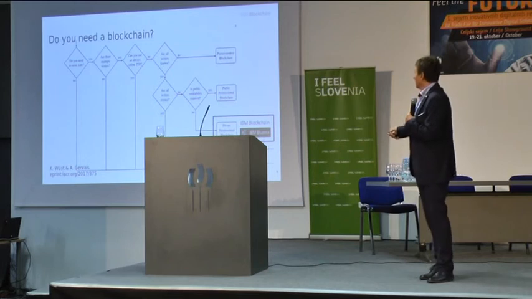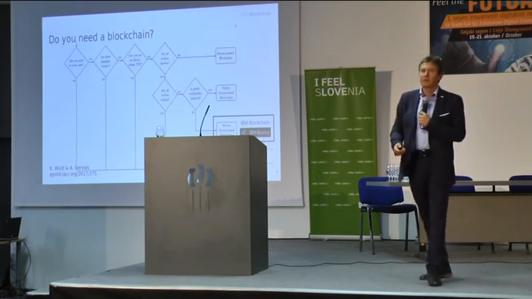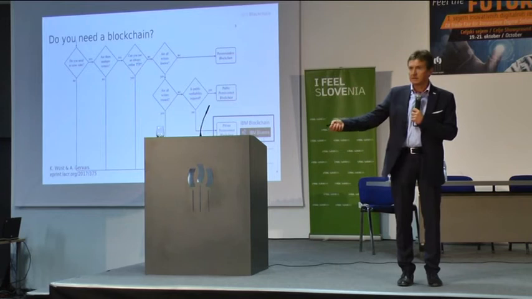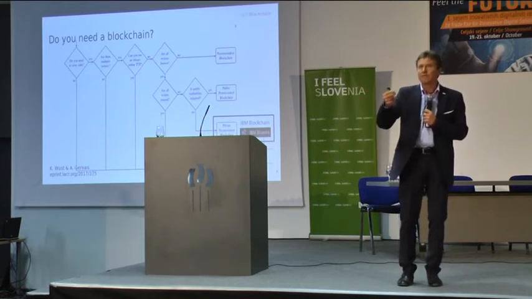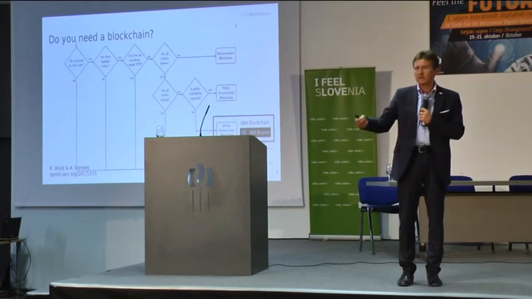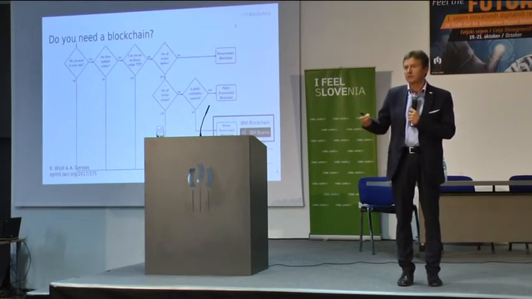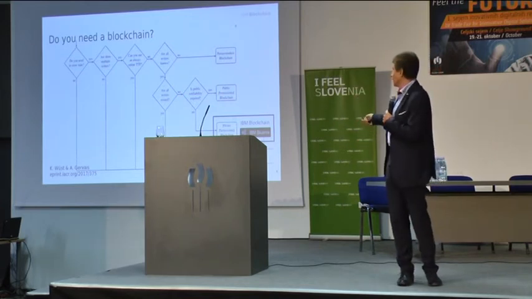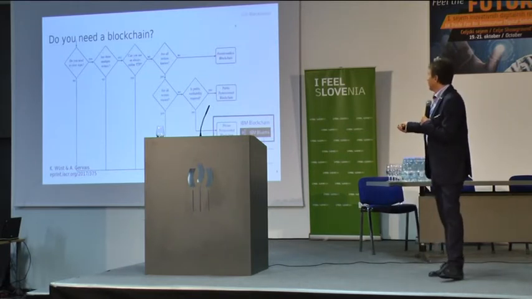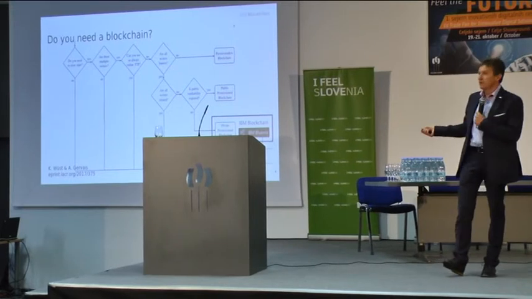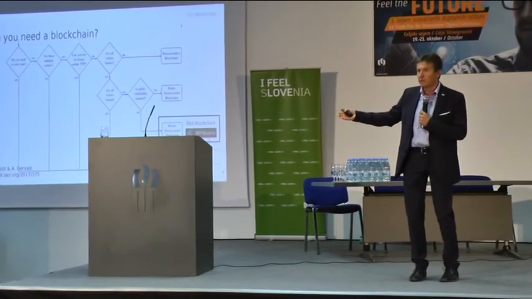But if you have other parties that you don't trust, then you need to put in the system something that will force trust. Where you have a lack of trust, you start using blockchain. If you have all unknown people, then it needs to be a public blockchain.